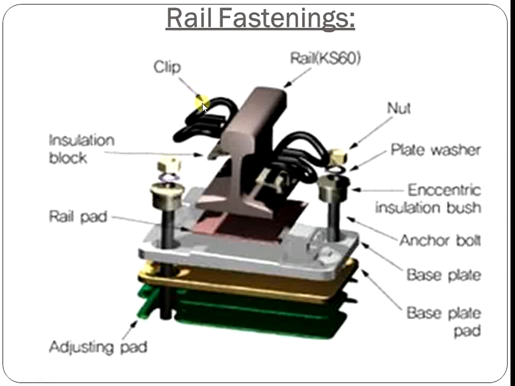You see the clip, next rail, next the nut for fixing the clip, and nut plate, eccentric insulation bush, next anchor bolt, base plate pad, next adjusting pad, used to adjust the height of the fastening as required by the location. Next rail pad, which supports the rail, the MS plate. Next is the insulation block.